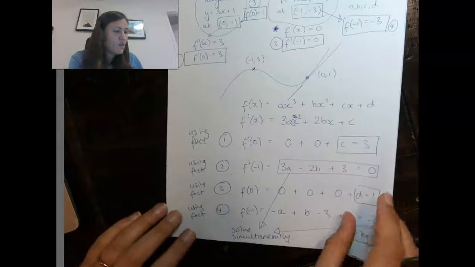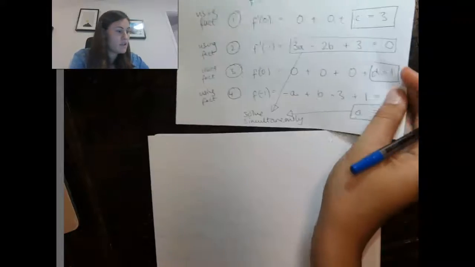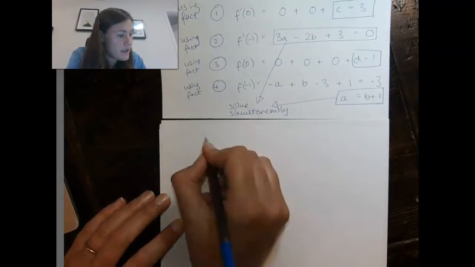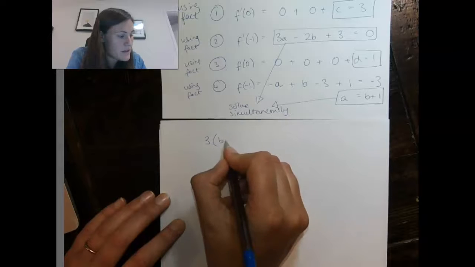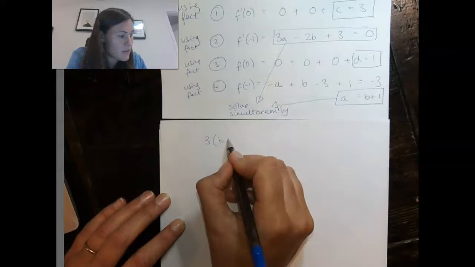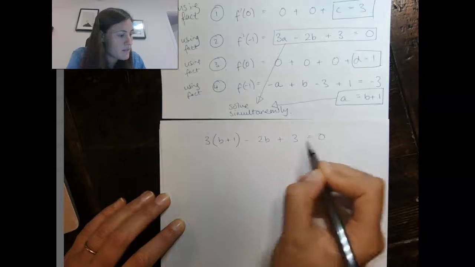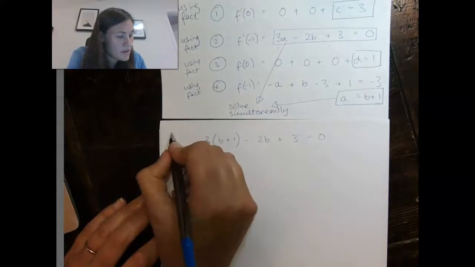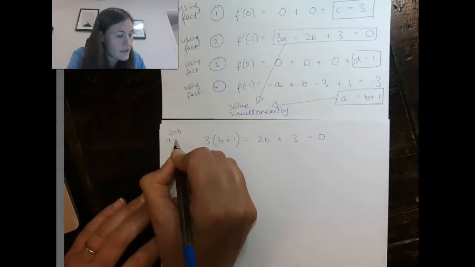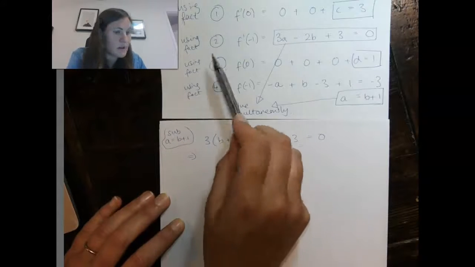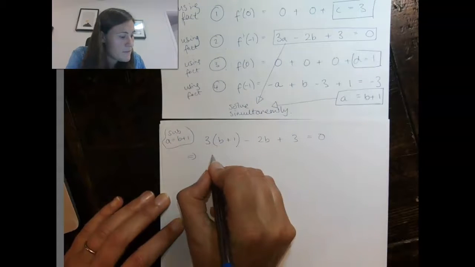So with the format we've got, I'm going to go for a substitution. I'm going to simply say, well, I know what a is in terms of b, so instead of 3a, I'm going to write 3b plus 1. Minus 2b plus 3 is 0. So here I'm substituting the fact that a equals b plus 1 into my fact 2 line.